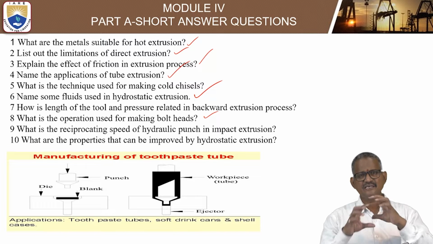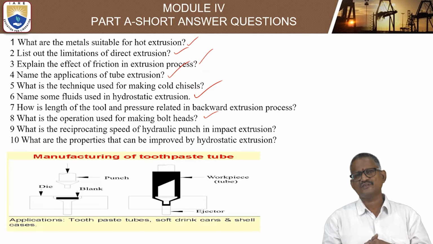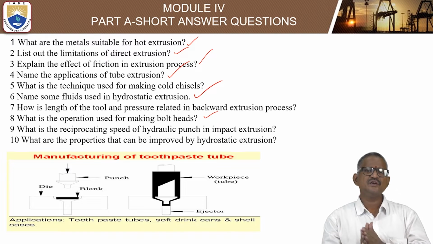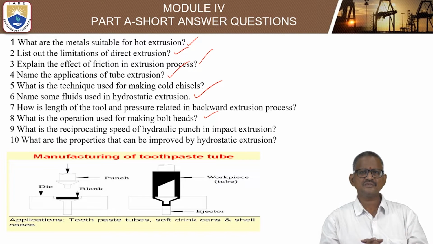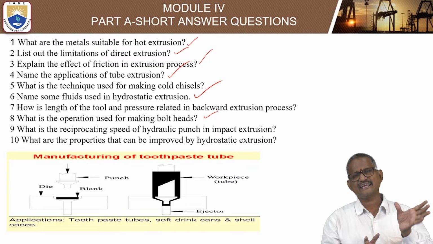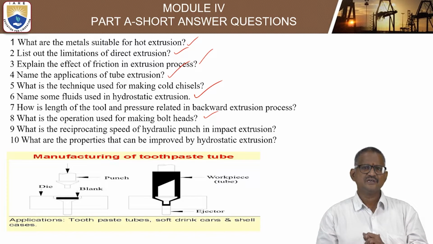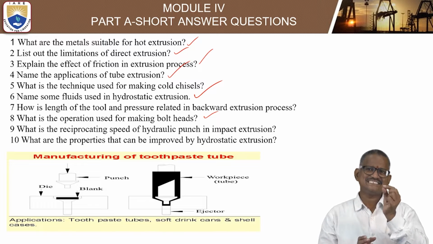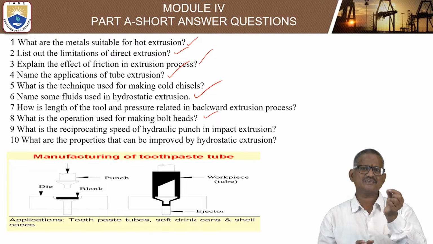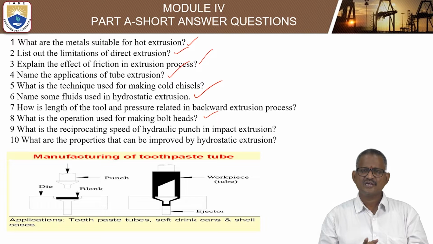in circular shape and square, different shapes of tubes may be obtained in this extrusion process. The major application is in agriculture, where this tube extrusion process is widely used. Coming to cold chisels, chisels are also made using this type of extrusion technique.